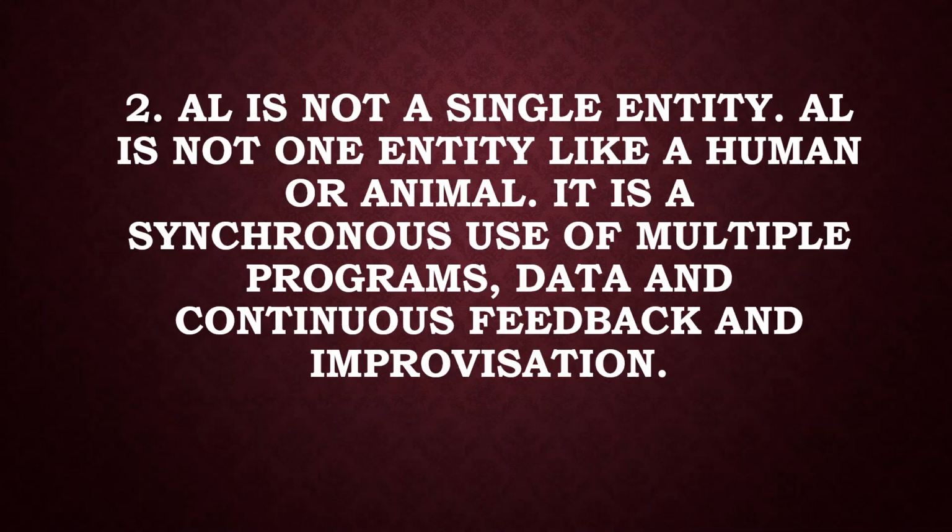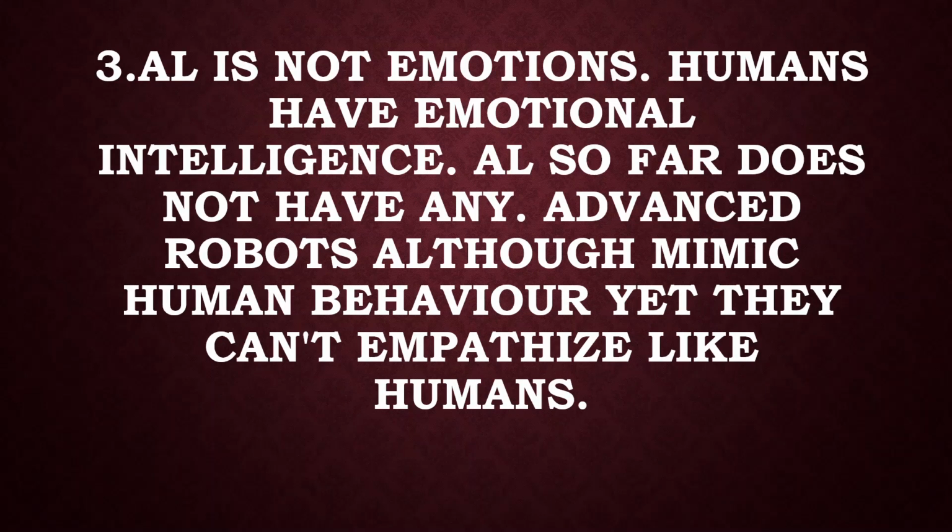Now second, AI is not a single entity. AI is not one entity like a human or animal. It is a synchronous use of multiple programs, data, and continuous feedback and improvisation. It needs a huge amount of data, multiple programming, etc. Third, AI is not just emotions.